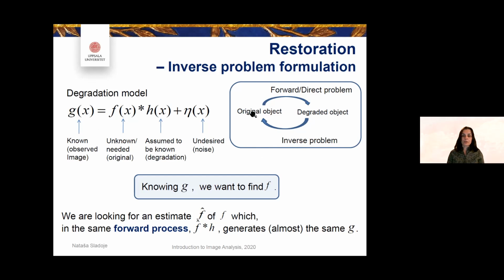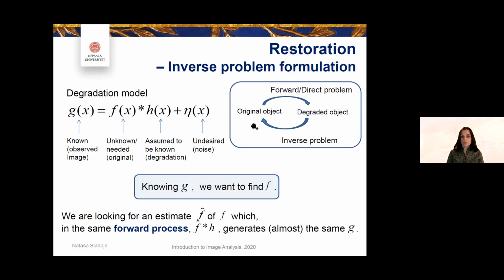So we then identified that we have a forward problem here, or rather a formulation of a forward process, which from the original image, in this convolution and addition, leads to the observed image. But then we can also look at the inverse problem. If we have the degraded image, can we then reverse the process with this added noise and this convolution and get back to the unknown image?